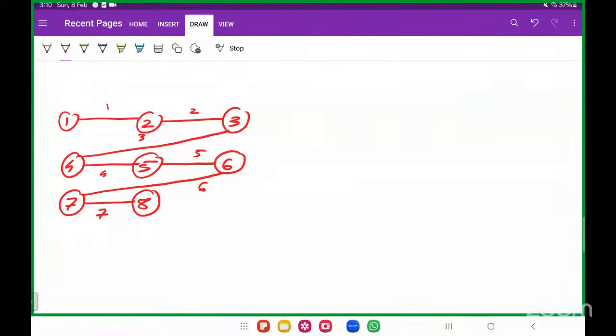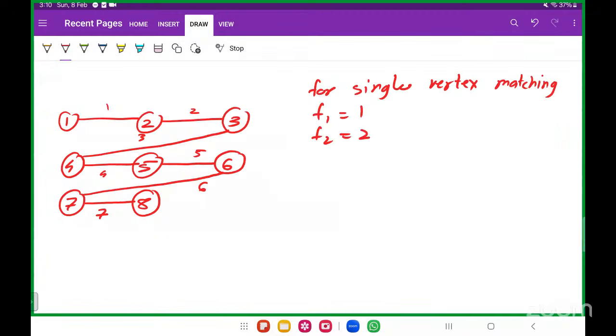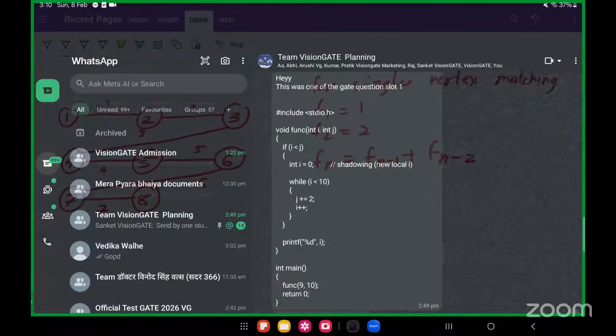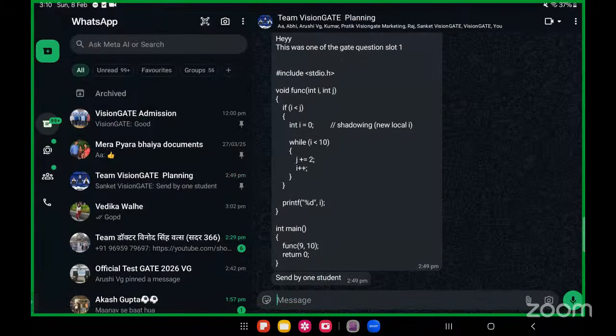For a single vertex, F1 is 1, you are not taking any edge. F2 is equal to 2. And for n number of vertices, the series will be Fn is equal to Fn minus 1 plus Fn minus 2. So you can calculate now slowly.